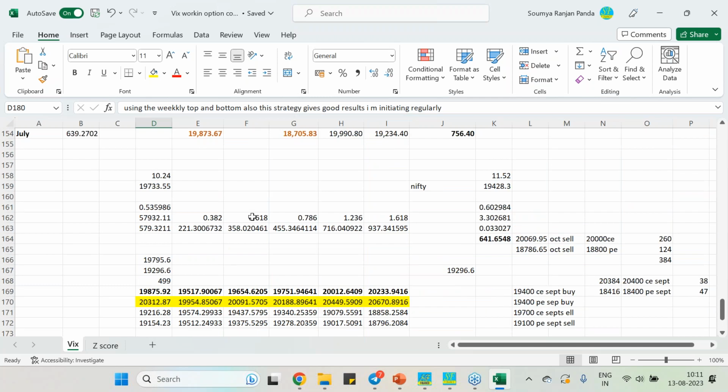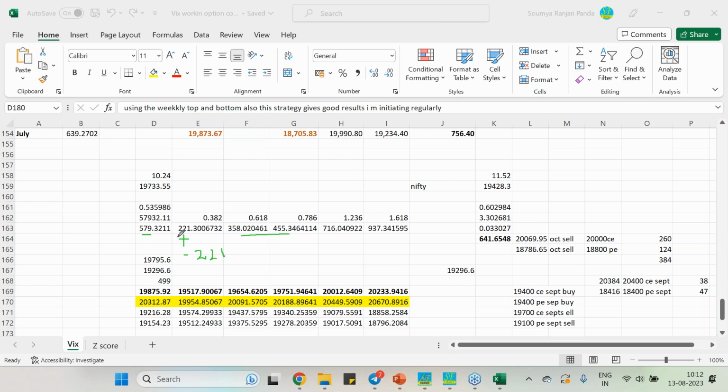Based on this price estimation, a plus 221 point move sets the uptrend and it can go 358 to 450 points up. Similarly, a minus 221 points move will set the downtrend and it can bring it down 358 to 450.